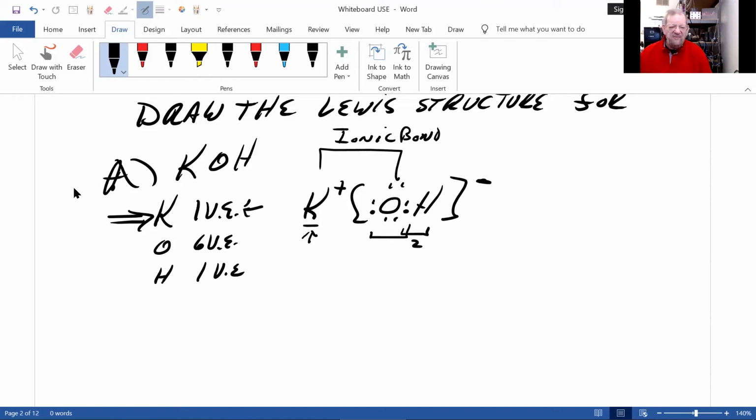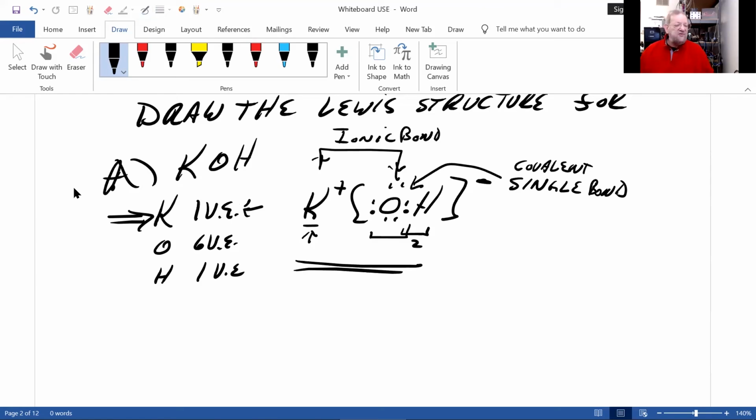The potassium transferred its electron to oxygen, or the hydroxide. And in between the hydrogen and oxygen is a covalent single bond. So in this molecule, potassium hydroxide, there's both an ionic bond and a covalent bond.